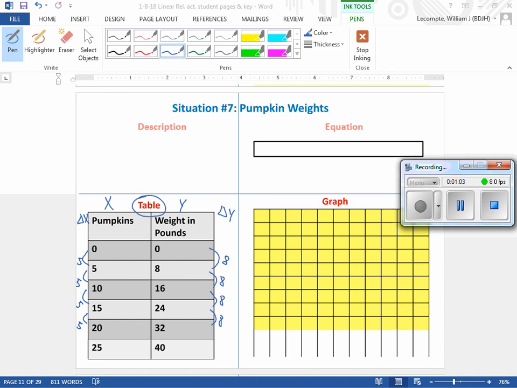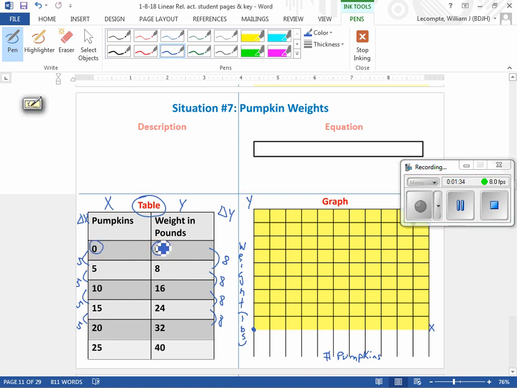We're going to start off with our 0, 0 right here, which is our x and our y. Our x is number of pumpkins, and our y is our weight in pounds. As you can see, we're going through the 0, 0, which is our origin.